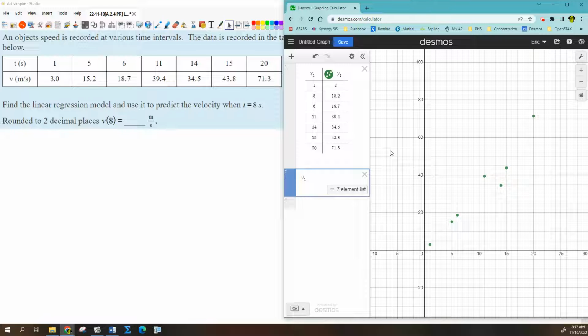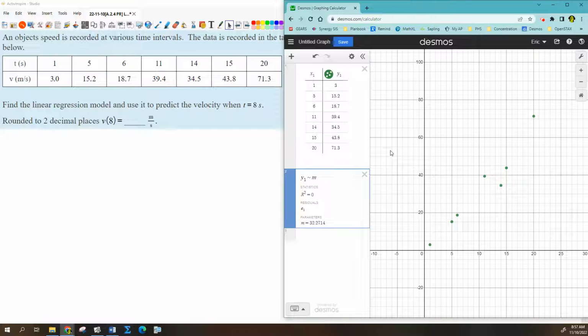So y1, instead of saying equals, if I want to do regression and fit data to a mathematical function, I use the tilde key instead of equals. Tilde is the one that's to the left of 1. You hit shift and then it's that little squiggly line. Everybody get that? So y1 tilde, now I'm going to type in my m, because I want to fit this to m.